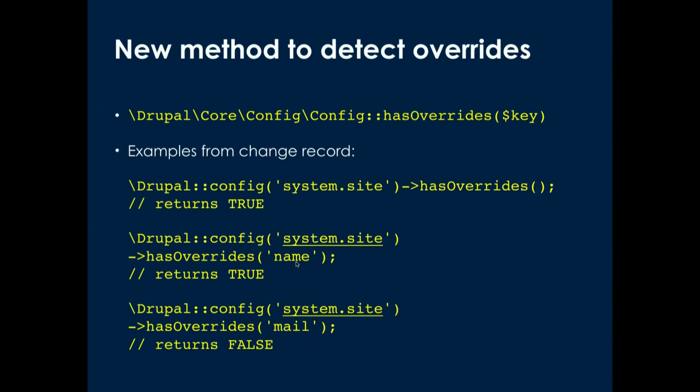In the second example, we're checking to see if the name is overridden, and in this case it's true. And then in the third one, we're checking to see if the mail value in the system site configuration is overridden, and it's false. But if you don't specify a value, it gives you true if any of the values in that configuration are overridden. So again, this would be used if you were writing a module where you needed to check to see if values were overridden.